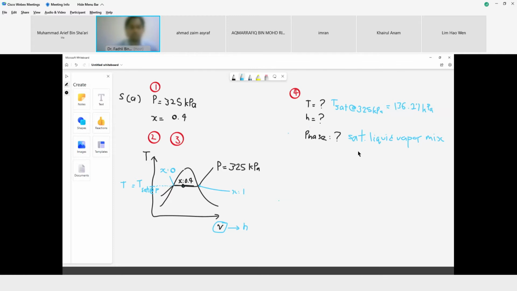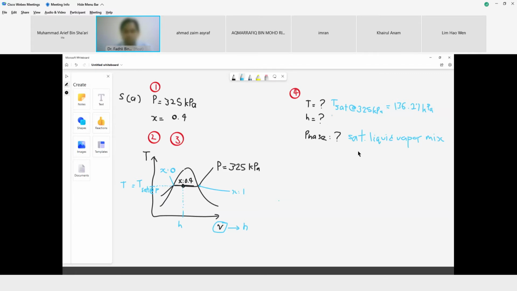So in order to determine the enthalpy, you have to draw this vertical line. Here is H that we need to determine. Since the state is a saturated liquid vapor mixture, we have to use the equations we have learned in chapter number 2.